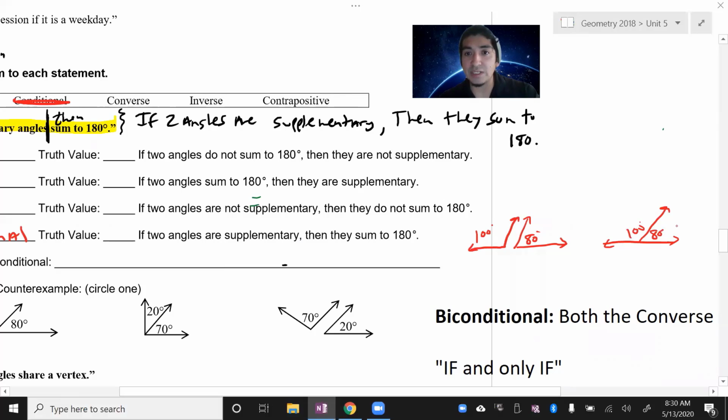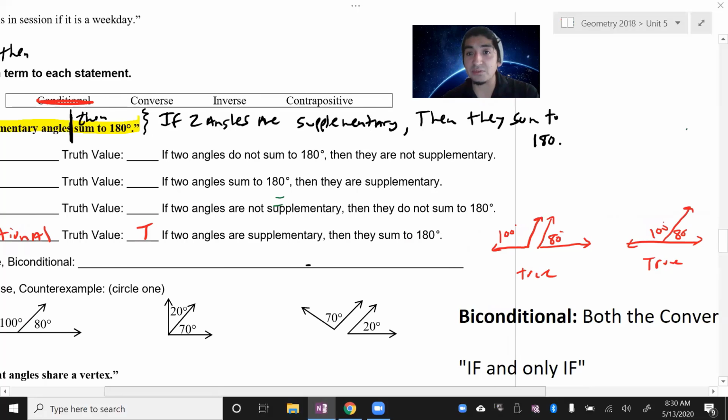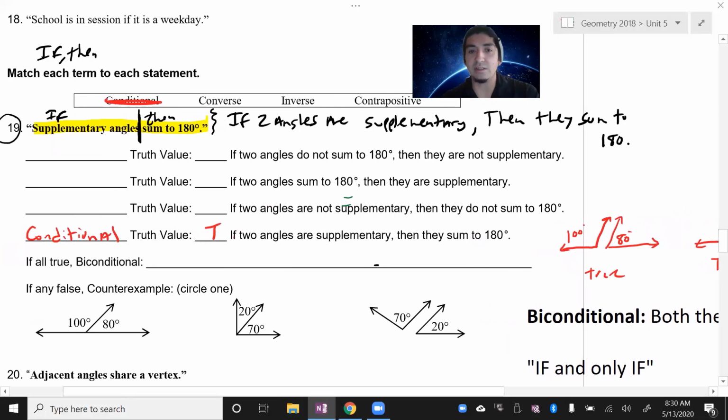So these two examples are supplementary and they both add up to 180. So that means that these will be considered to be true. So these are just examples of a true statement. So true, and that is true. So I'll be drawing examples so you can go ahead and follow along.